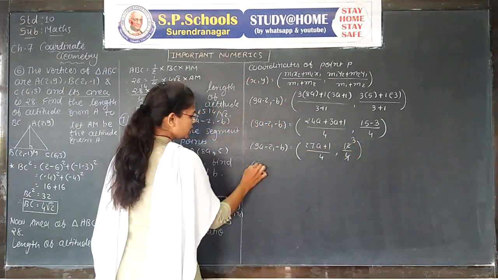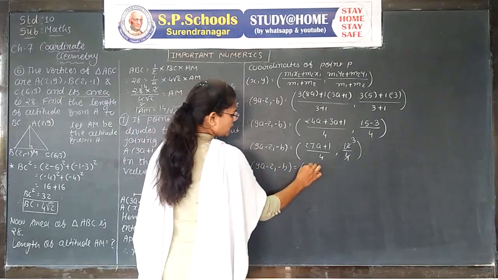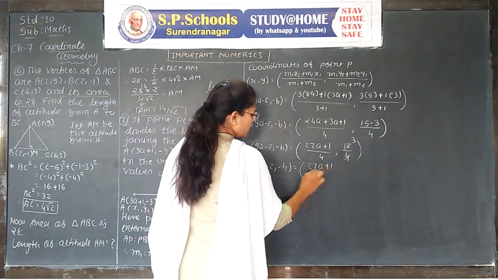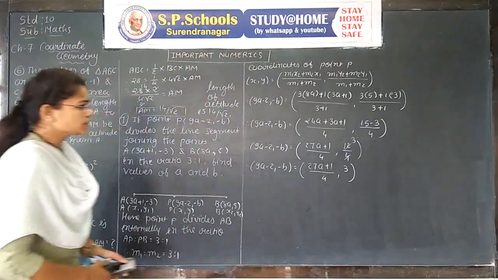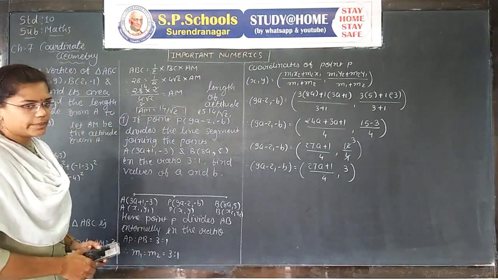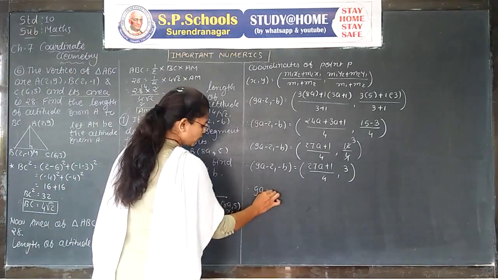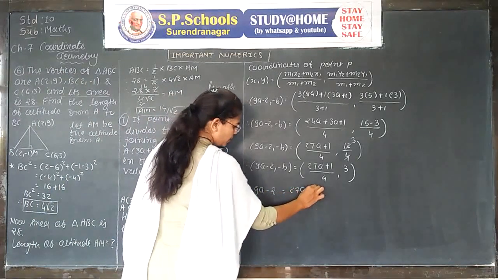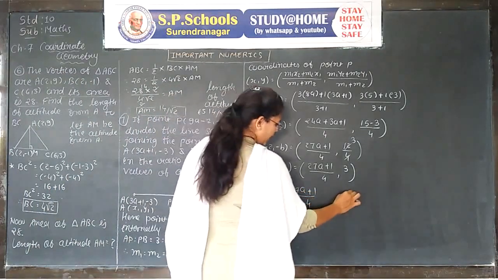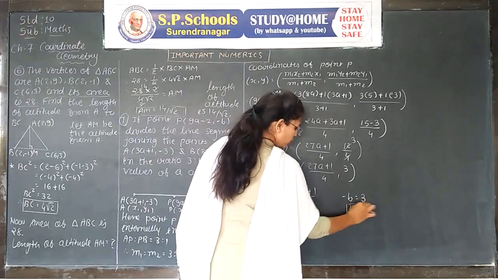The remaining is 9a minus 2 comma minus b is equal to 27a plus 1 upon 4 and the y coordinate is 3. Now we compare x coordinate with x coordinate and y coordinate with y coordinate. 9a minus 2 is equal to 27a plus 1 upon 4 and minus b is equal to 3. That's why b is equal to 3.